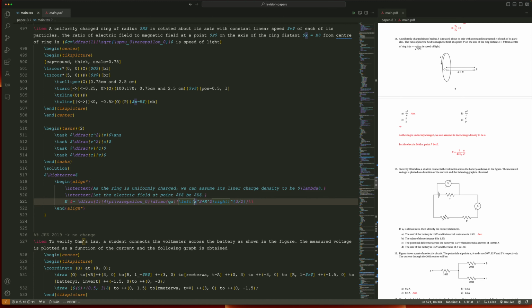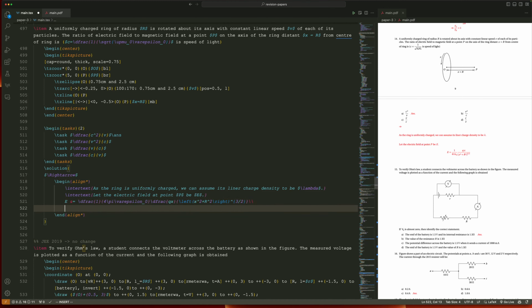Let's run it first, then we can modify after. So yeah, Qx, and now Q will be 2 pi r.